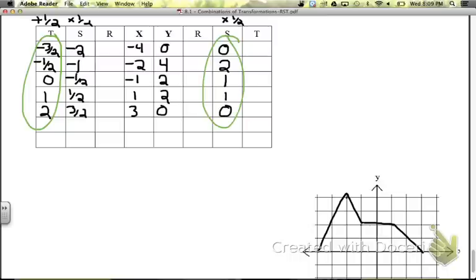Our next one is 0, 1. And then we have 1, 1, and 2, 0. So now we can connect these following the same pattern as our parent function. And that's our transform function there.